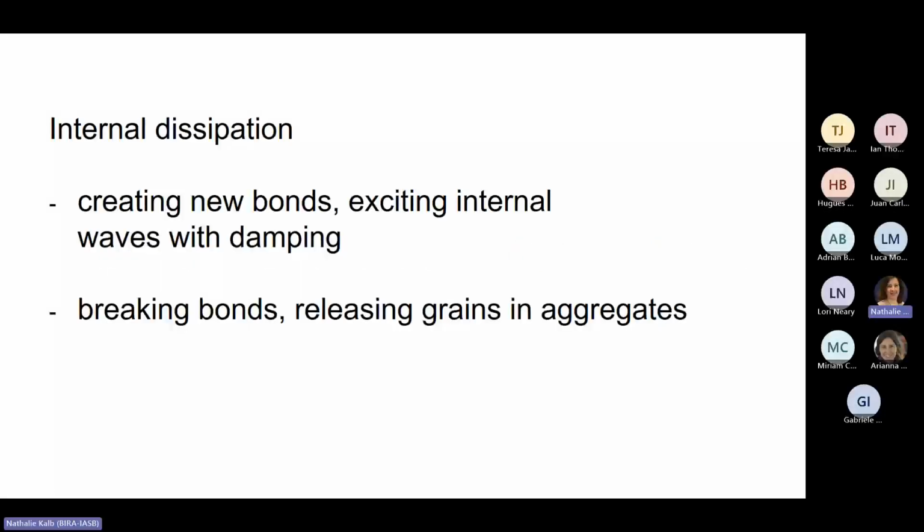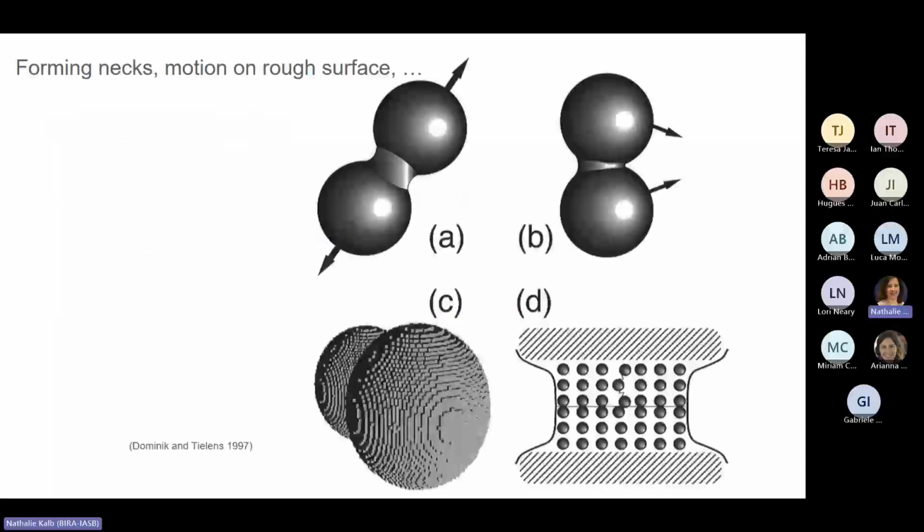And you have a few things you can do there. If you have dust particles, you can create bonds that in the first place set free energy, but if you then transport this energy in your particles by some waves with some damping, you can get rid of this energy, or you can break bonds. For this, you instantly need energy. So for example, if you have two particles with a connection here, and this is a lower surface than if you separate this.